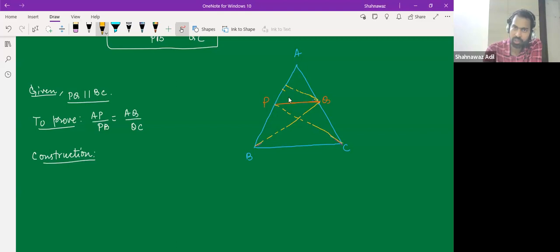Remember, this is perpendicular, and so we have this is M, and so construction is what? Construction is join PQ and PC and QM and PM. This is the construction. Understood? Yes, sir.